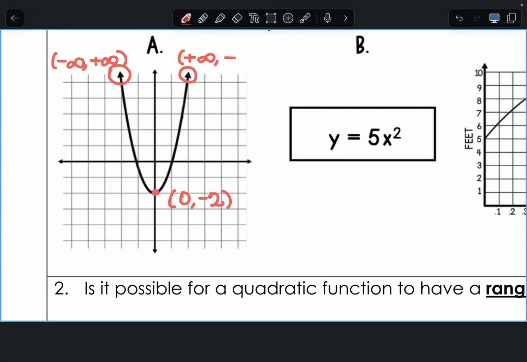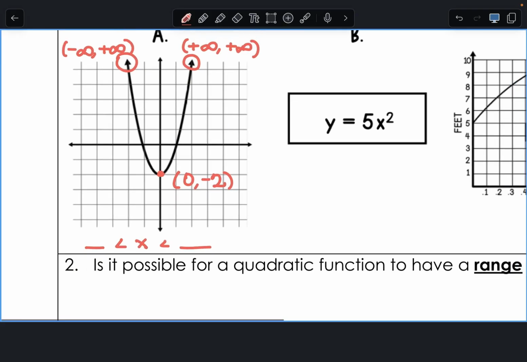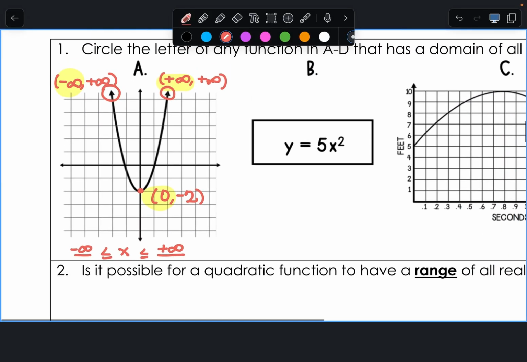Now when we write the domain, we write the smallest to the largest, right? What's the smallest x? Only look at your x values. Negative infinity. What's the highest? Positive infinity. So because they're both infinity, the answer is all real numbers.